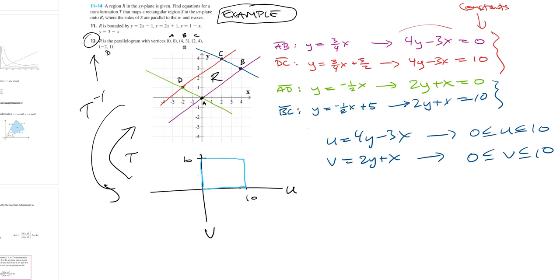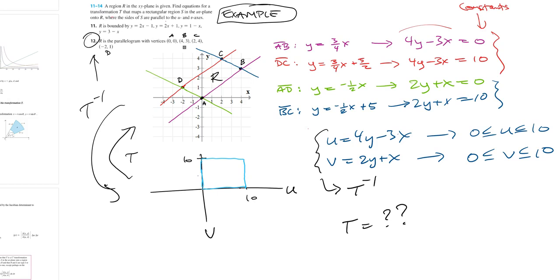From the inverse one, this here is T inverse because it takes x and y values and converts them to u and v values. Now the job is to find out what T is.